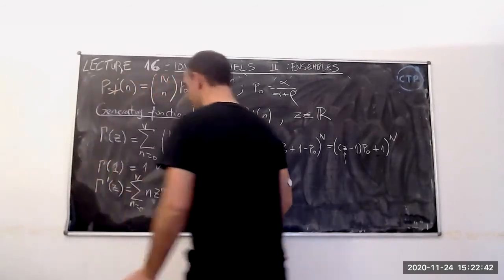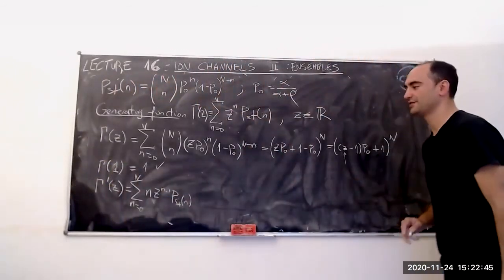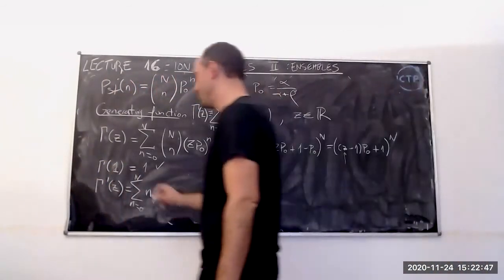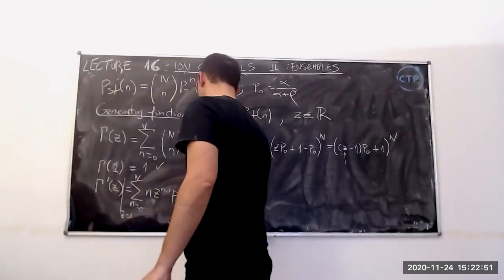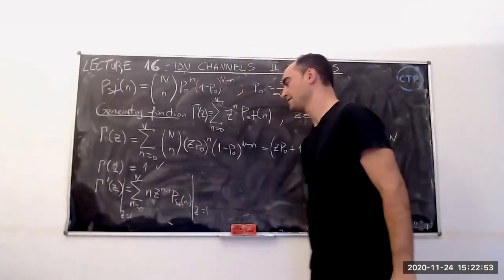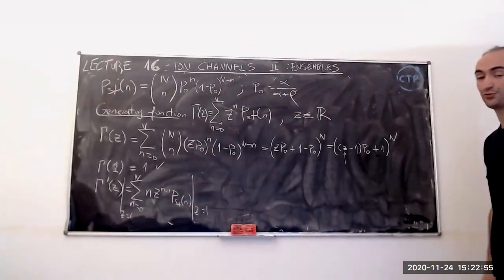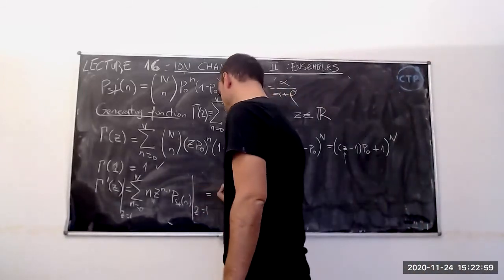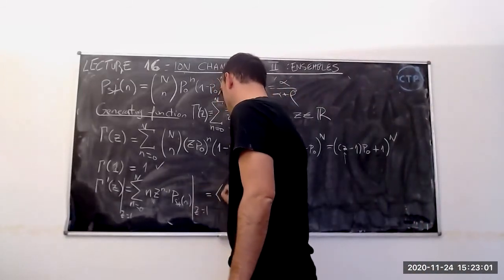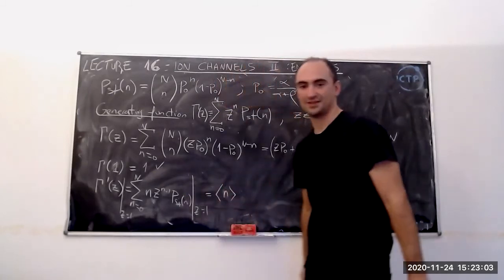This is the definition of the derivative. And now, if I evaluate this at Z equals 1, 1 to the power n minus 1 is 1.